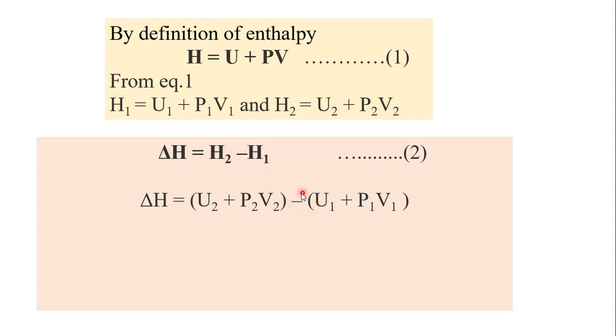minus the enthalpy of the initial state, that is U1 plus P1 V1. So delta H is equal to U2 minus U1 plus P2 V2 minus P1 V1. But you know that U2 minus U1 is nothing but the change in internal energy.